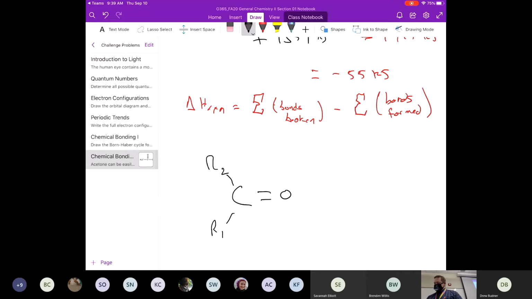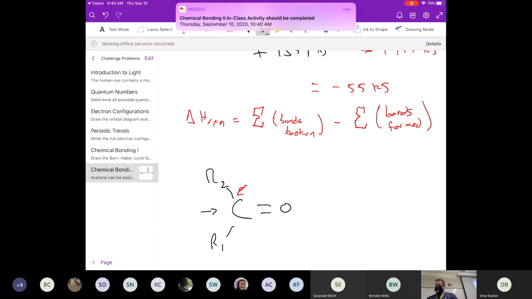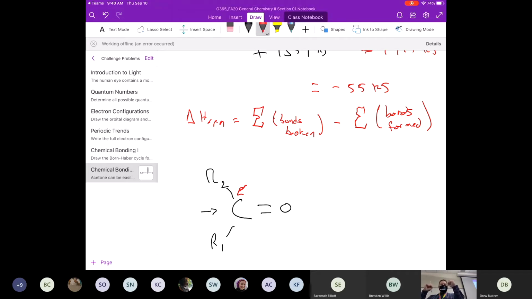We're focusing on this carbon right here. Right? So we can talk about the types of bonding that's going on there. This single bond here is the direct overlap, and we have the electrons existing between the two nuclei, right? And we call that a sigma bond.